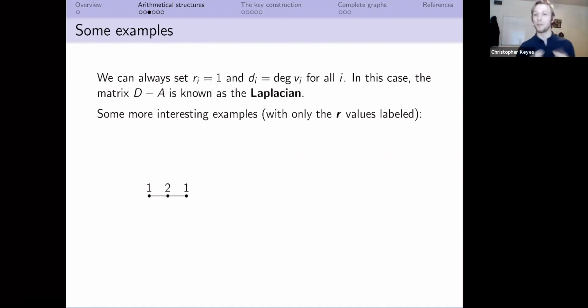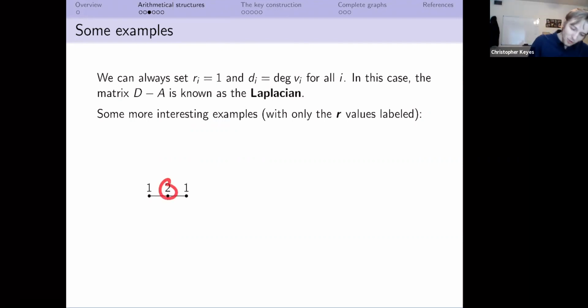So let's now give some more interesting examples, again, in the sense that the R values are not all 1. So here's one. It's just a path with 3 vertices, and we've got an R value of 2 in the middle. So if you're nervous, Chris, why is this an arithmetical structure? Well, let's just check. Does 1 divide that sum that we wrote in the previous slide? Well, always it does, because 1 is 1. 1 divides everything.